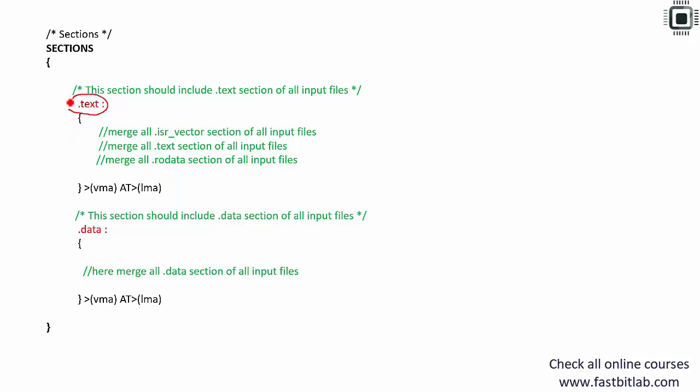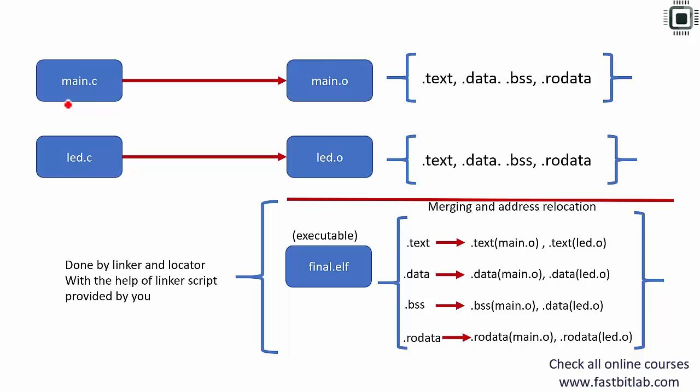This output section is used to merge all other sections of individual input files. How many input files do we have in our project? We have 3 input files, isn't it? main.o, led.o, and one more, startup.o, as I described in the earlier slides. Each object file contains its own different sections like text, data, BSS, constant. By using this output section, we are going to merge all sections of input files like this.